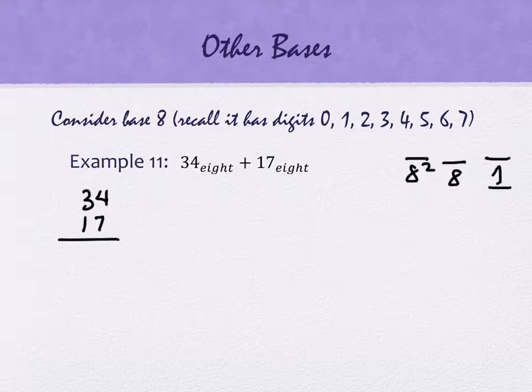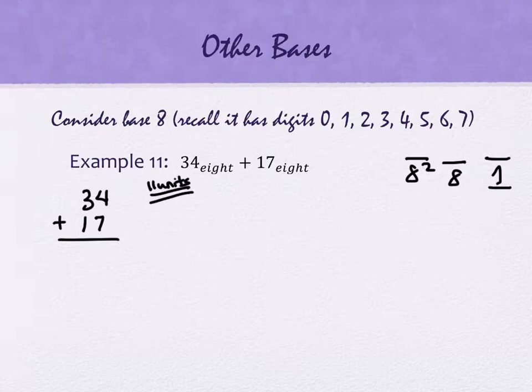In the standard algorithm, we start with the 1's column, right? And we add 4 plus 7 together. If we were working in base 10, 4 plus 7 is 11. But in base 8, 4 plus 7 equals 11, it doesn't work, okay? So what is it? Well, one way to think about it is 11 units, which is without a doubt true.